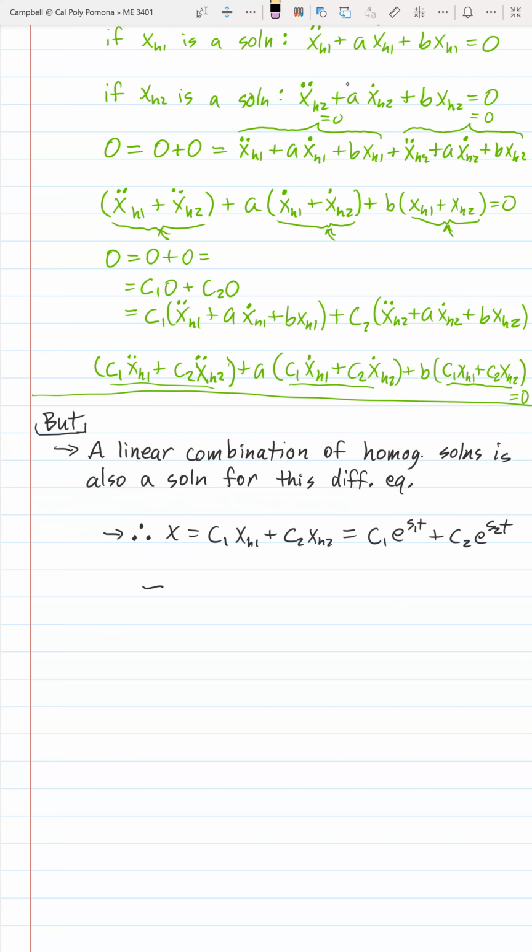And here we'll capture the fact that C1 and C2 can be any constants.